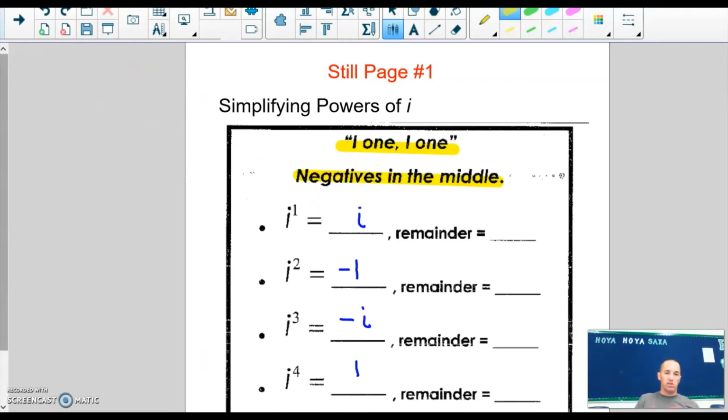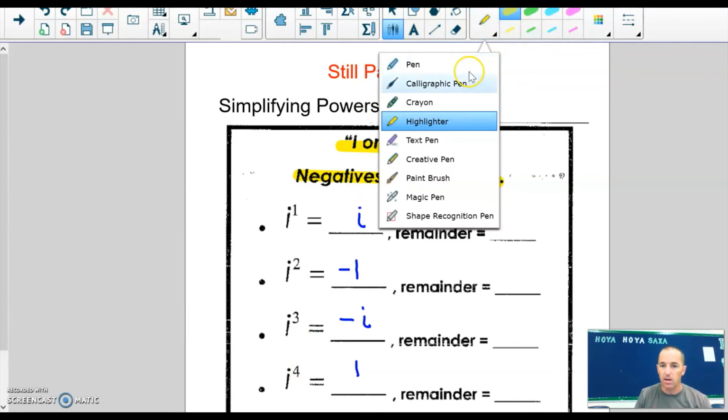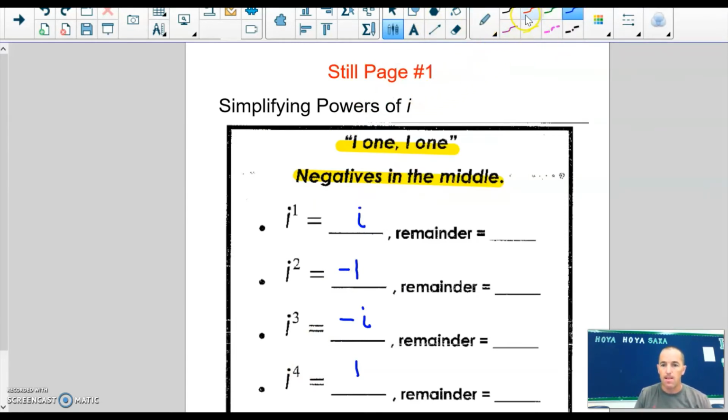So here's our strategy. We're going to divide by 4. Why 4? Because there are 4 versions of i. So let me get my pen back. We are going to divide the exponent by 4.